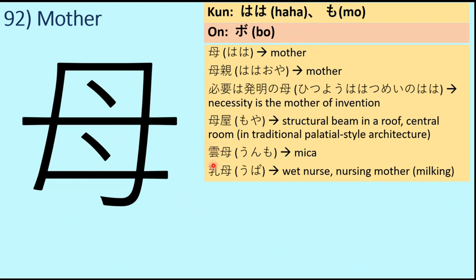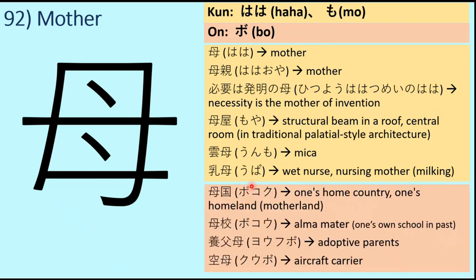But this is how it is. Unmo is mica. Then we have uba. Uba means wet nurse or nursing mother. That is a mother who has milk in her breasts, just after the birth of a child. So this is uba.